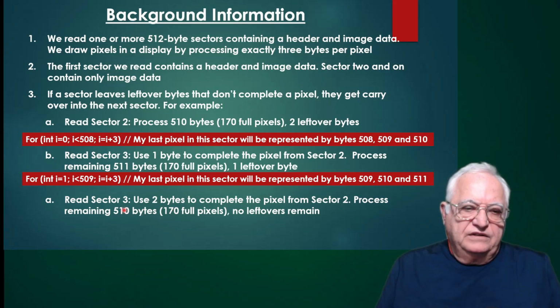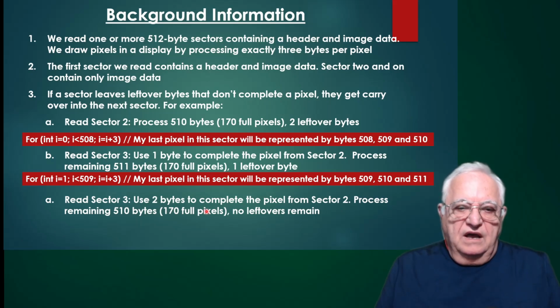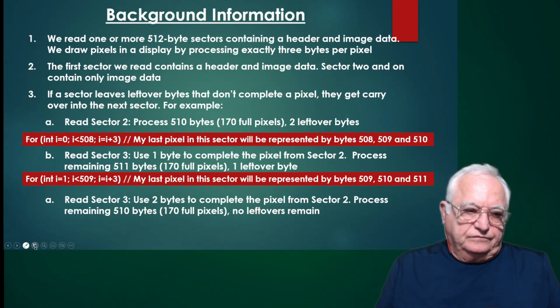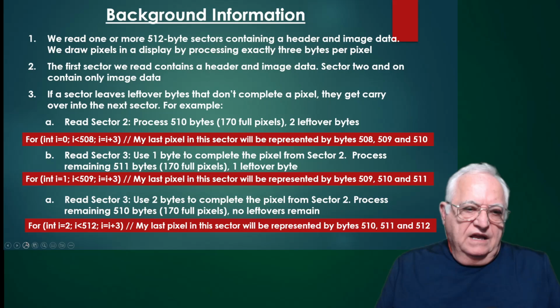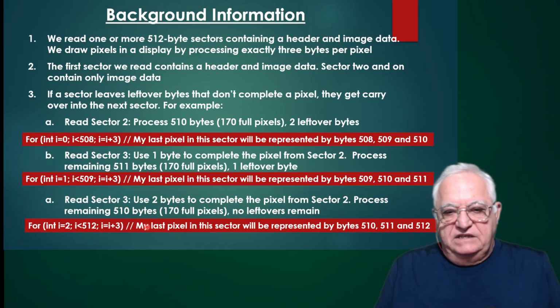Now 510 bytes divided by 3 is going to give me 170 pixels, with no leftovers. So basically, I can use a loop that starts at 2 because I'm going to use 2 to complete the one that was left over, and I'm going to go to 512, and at this point I have none left.